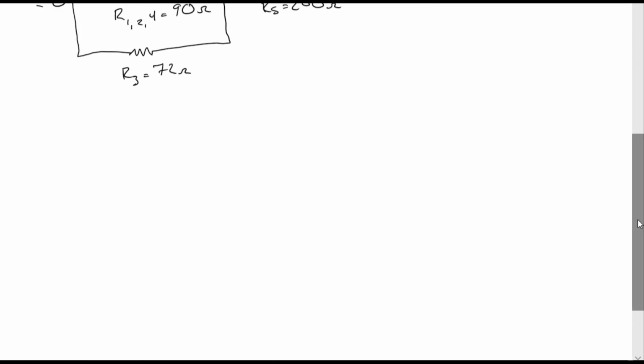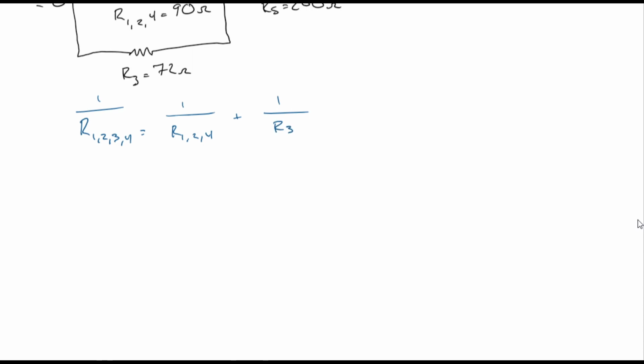Now I just do another analysis. And I look, okay, what is directly in series? What's directly in parallel? So my 90 ohm equivalent, R1, 2, and 4, is in parallel with R3, so I'm going to add them inversely, because they're directly in parallel with one another.